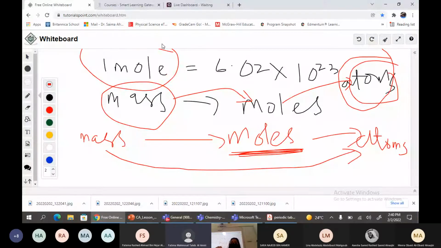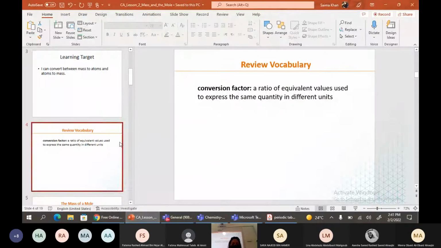First we get the mole, and then multiply the mole by the Avogadro number. Okay, so let's solve one example question and see how we can reach from mass to atoms. Just this statement you need to remember. I'm writing one example question.